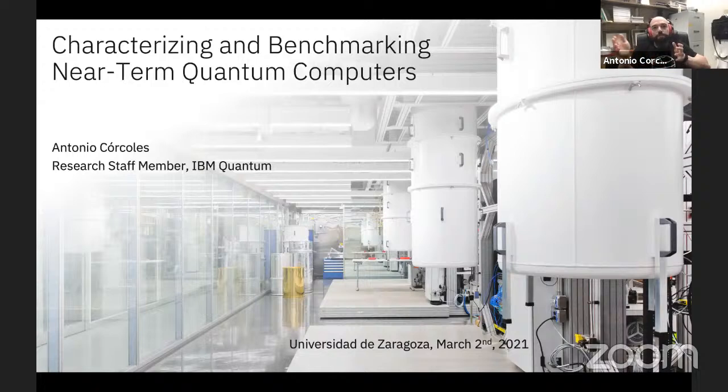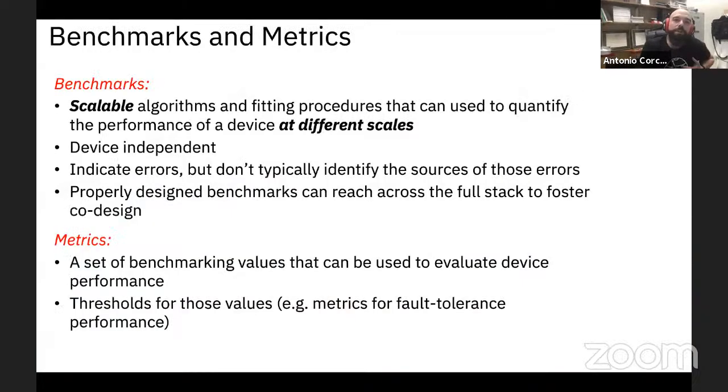So characterizing and benchmarking, I'll be discussing a little bit different protocols to assess the performance and what difference different ways of calibrating your operations might have in these benchmarks. So I will start by talking a bit about what are benchmarks and what are metrics.